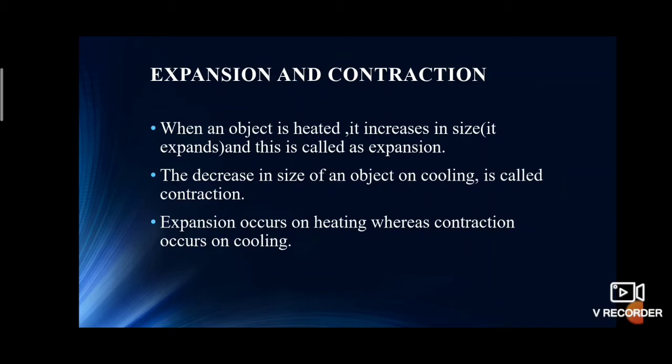When an object is heated, it increases in size. This is called what? Expansion. For example, if you heat plastic, it expands and becomes flexible. The decrease in size of an object on cooling is called contraction.